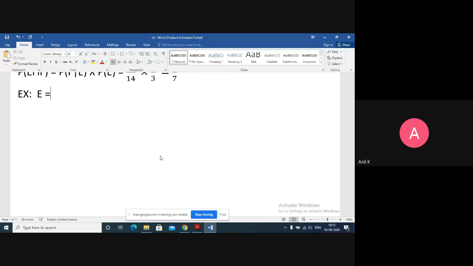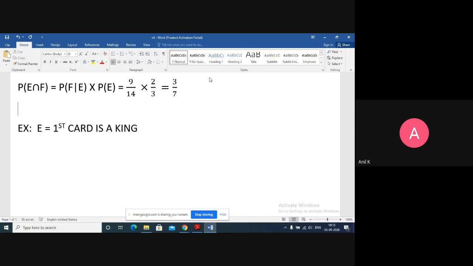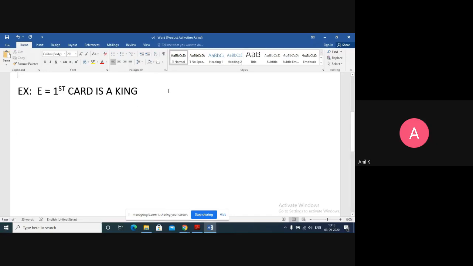I'll take event E as the first card is a king. Can you tell me the probability of E? 4 upon 52, because I have 4 kings in total out of 52 cards. In simplest form, it will be 1 upon 13.